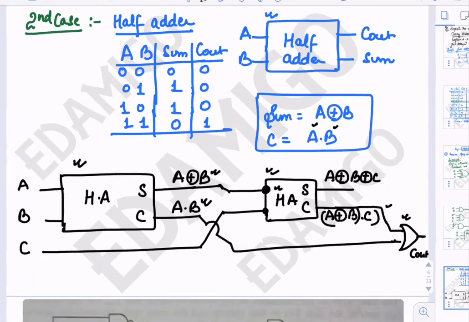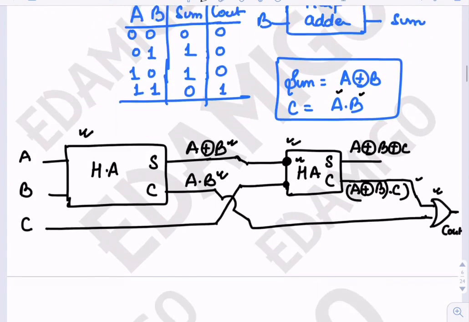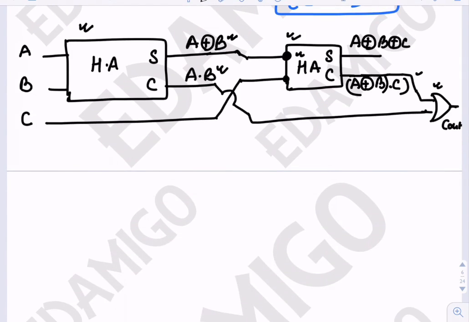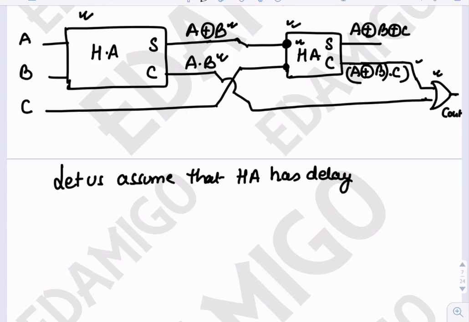Now, I have to add one more page here. If we want to analyze the gate delays here, let us assume that the half adder has delay to produce sum equal to TS and carry equal to TC.